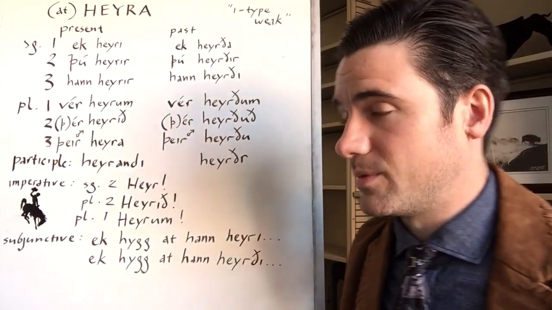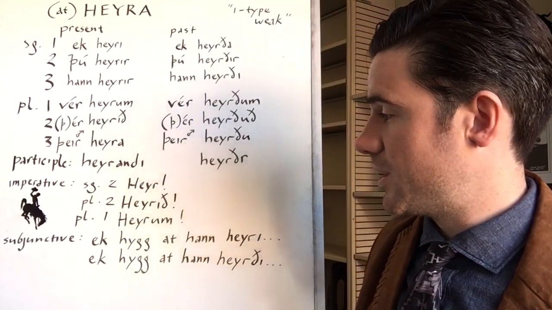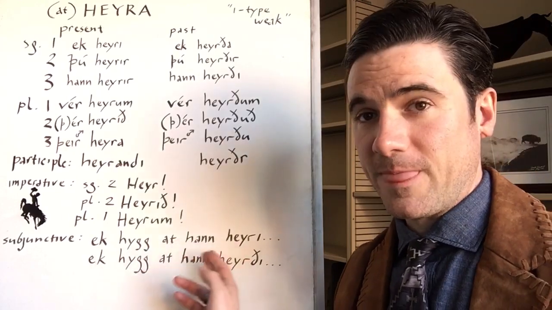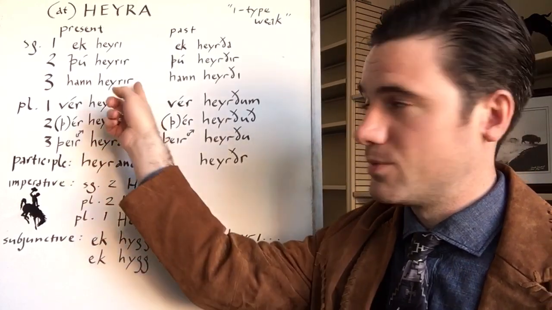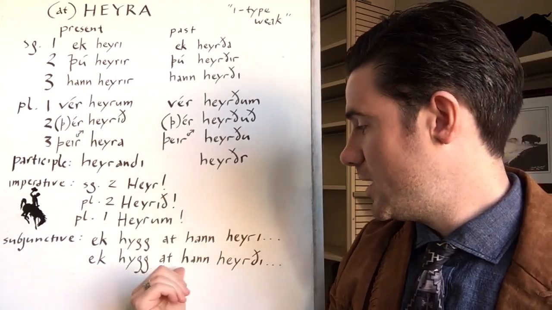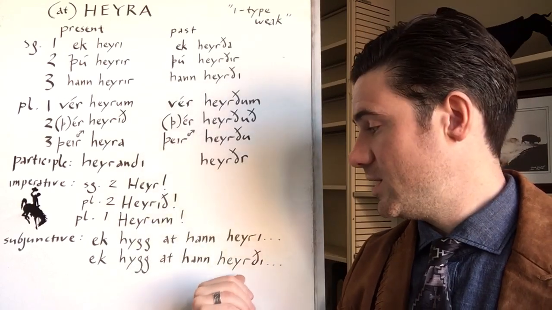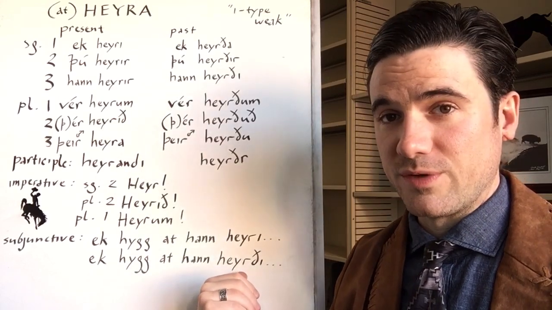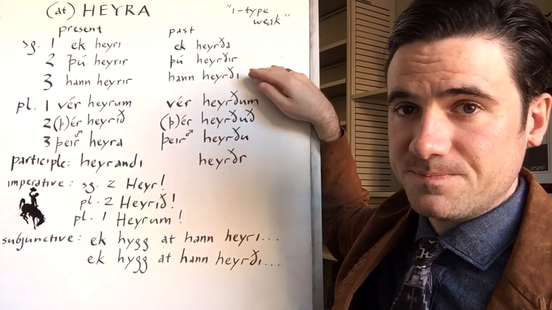There are also, of course, going to be subjunctive endings for statements that I'm not certain of the truth of. So, ek hygg at han høyri, I think that he hears, using the subjunctive ending høyri instead of the normal ending høyrir because I'm not sure about what he hears. Ek hygg at han hørði, same thing in the past tense, but in the past tense, subjunctive in weak verbs typically is going to look the same as the indicative form.